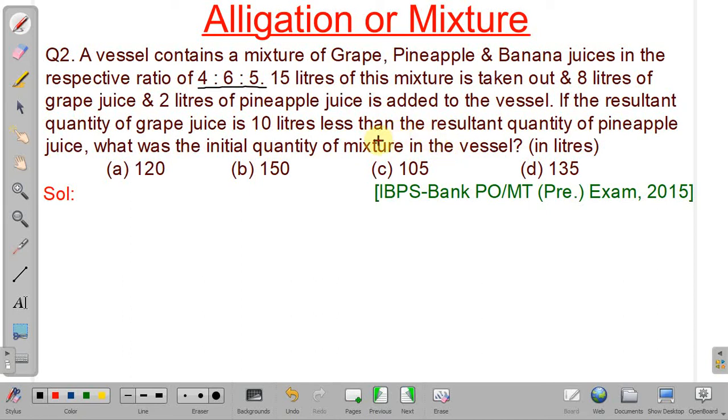So how can we solve this? See, we can assume the quantity of grape, pineapple and banana juice in the initial mixture on the basis of this given ratio.